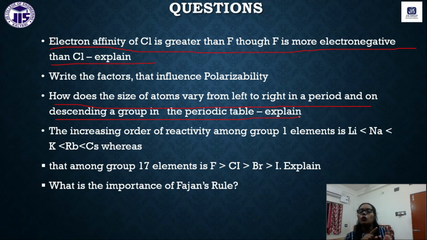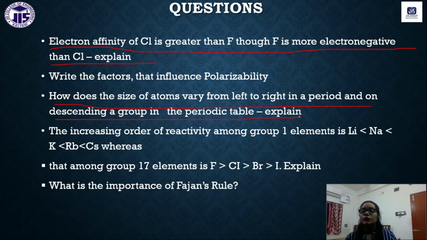Now, if we go along the period from left to right, what will happen? The extra electrons are added, and the extra nuclear charge also increases. So the nuclear attraction force on the outermost orbital electrons will increase, and they will be bound to the nucleus more strongly.